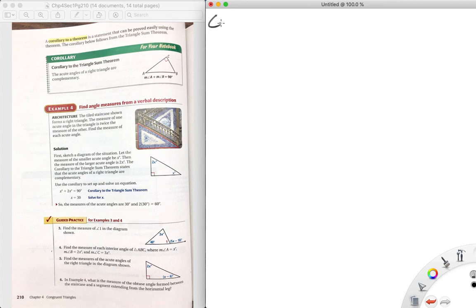First of all, what's a corollary? A corollary to a theorem is a statement that can be proved easily from the theorem.